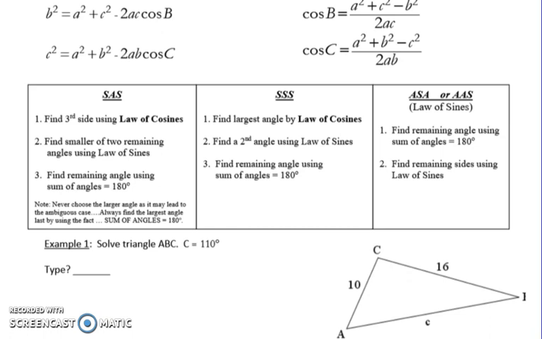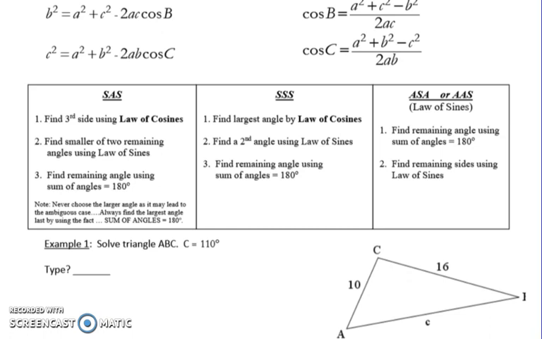So if you have side-angle-side, you will start with the law of cosines, then find the smaller of the two remaining angles. You know which angle is smaller by the opposite side. And then you can find the remaining angle by subtracting from 180.